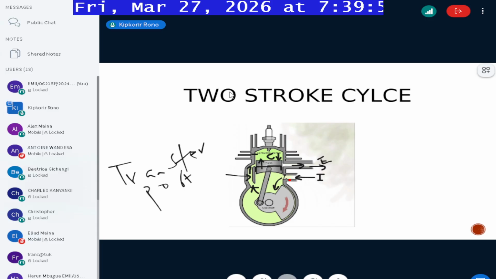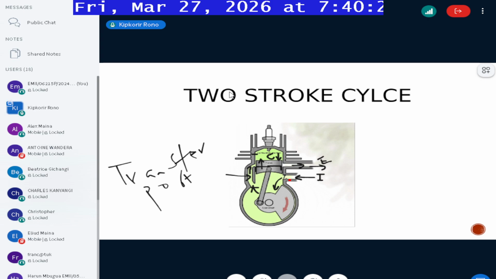There'll be an exhaust process happening just after the power process, the combustion that pushed the piston downwards. So that cycle will have been complete. Which means that one movement up and one movement down of the piston is a complete cycle. That's why you call it a two-stroke cycle.